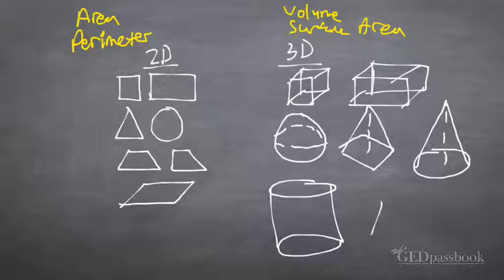A right prism. It kind of looks like a tent. Don't get that confused with a pyramid. A pyramid goes to one point. Right prism, again, it's pretty much two triangles. You kind of see it lengthen out. And I think that's everything.